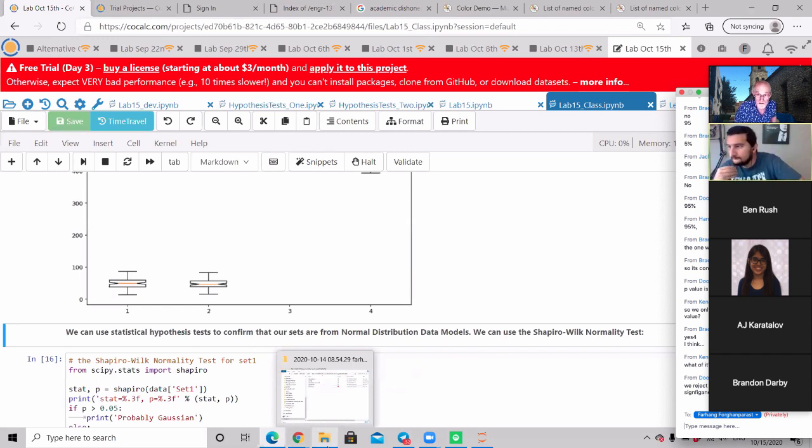We maybe choose 20%. And if we're dealing with nuclear power plants and tsunamis, we might make our alpha value, our significance value, quite small because the consequences of failure are huge. And so we want to be absolutely sure that there are differences. And that's the choice we make as analysts. We do that ahead of time.